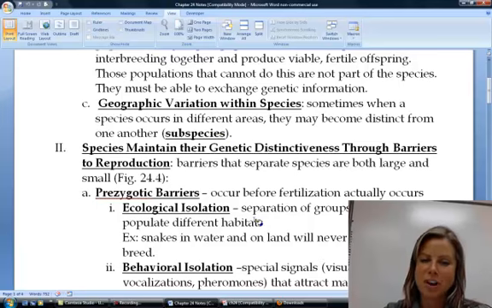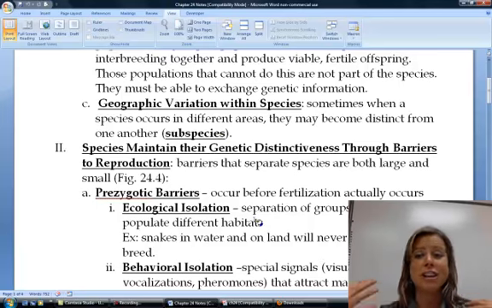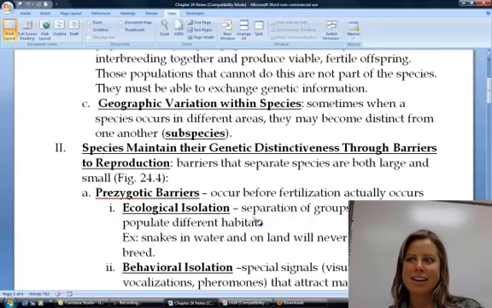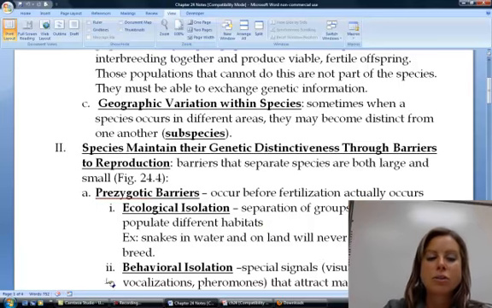So this next part's pretty fun, and this part is talking about how species maintain their genetic distinctiveness. What that means is why an ant and an elephant are not going to mate with one another. There's a couple of reasons why that would happen, and think about it, they're separate species, right? So there's two types.